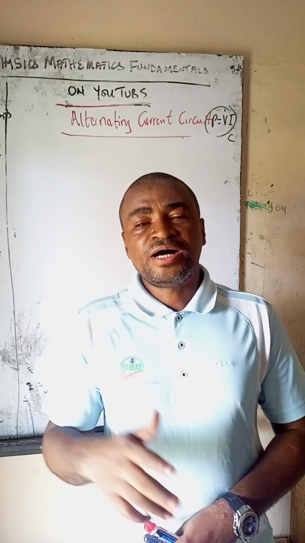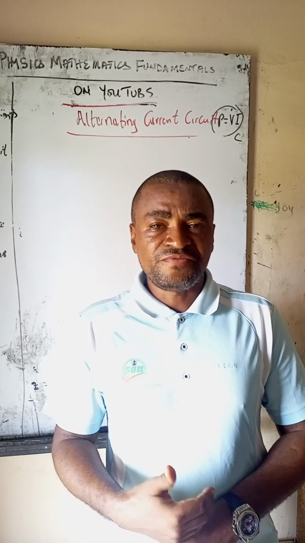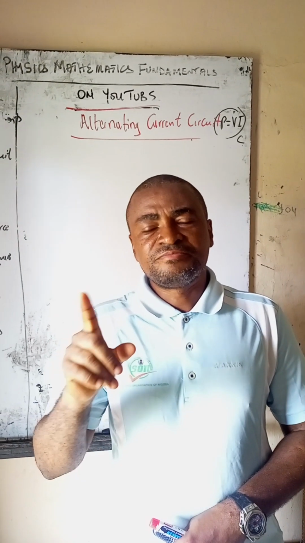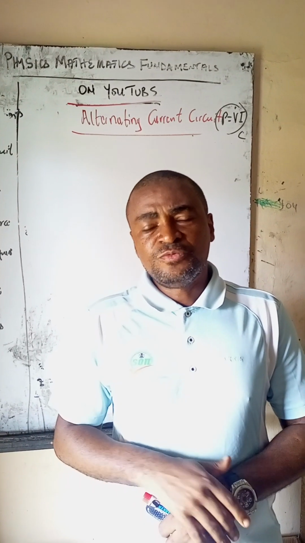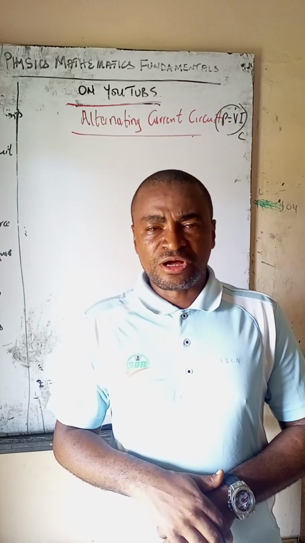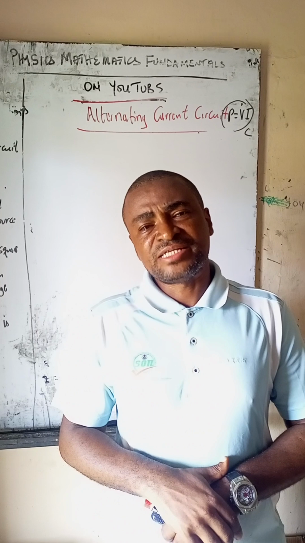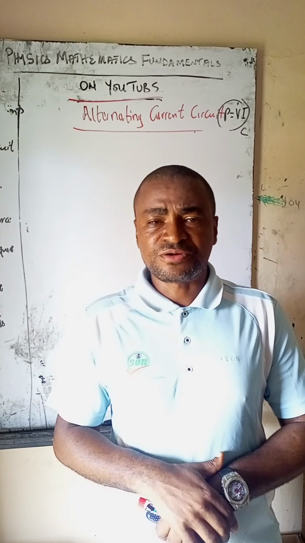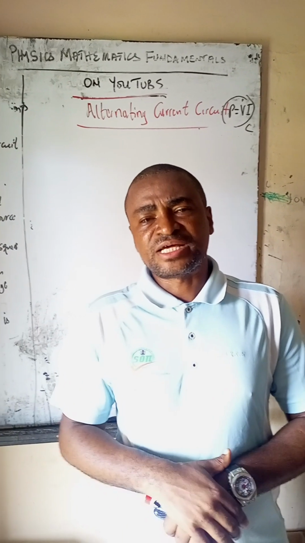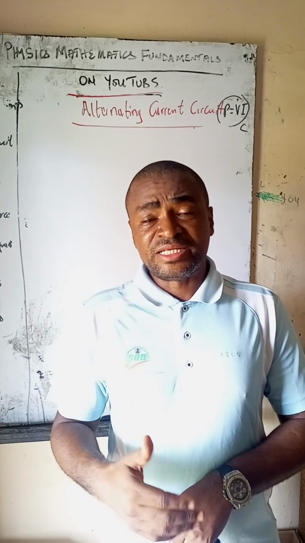Please, before you go through this particular video, kindly check my former video in which I've explained some concepts with regard to AC circuits. I explained the concept concerning alternating current, direct current, and the concept concerning reactance and impedance.